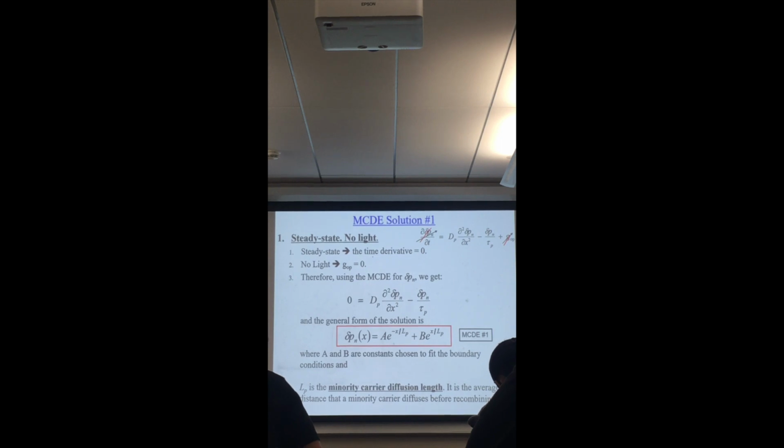We have the equation here: the diffusion length is basically the square root of D times tau. Again, D is the diffusion coefficient, and the diffusion coefficient is here. And what's the relationship between D and mu?